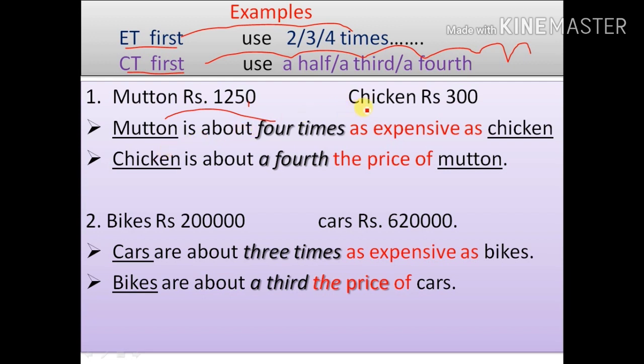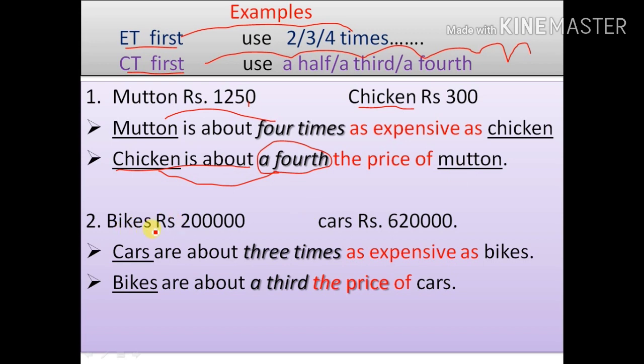So let's put the cheap thing here. Chicken is the cheap thing. Let's put chicken in the beginning of the sentence. Chicken is about a fourth. So why are we using a fourth? It is because we begin our sentence with the cheap thing. So chicken is about a fourth the price of mutton.